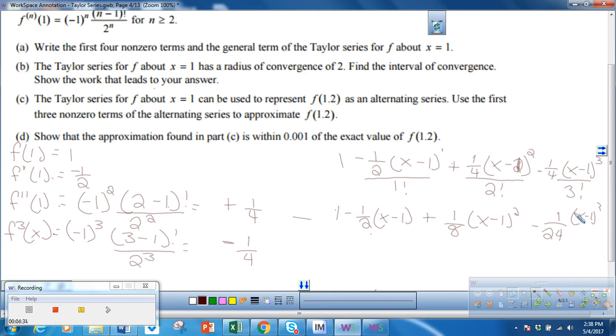They just wrote 2 cubed times 3, which in either case is 24. Okay, so that would be our Taylor series.